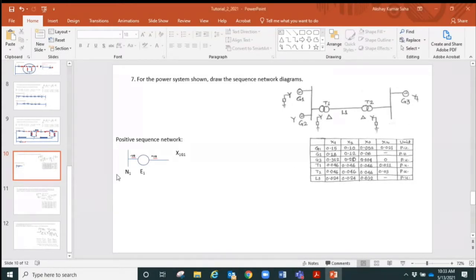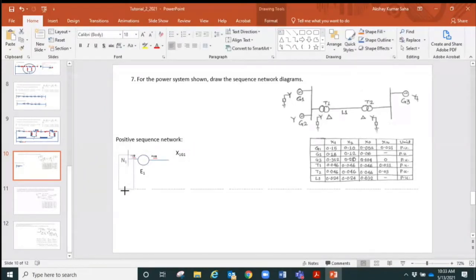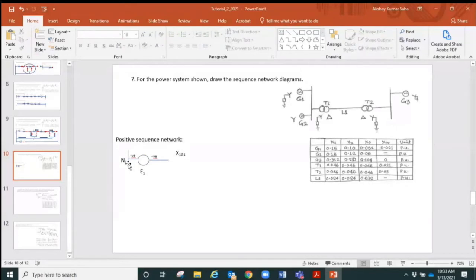So we'll start with the neutral bus. The neutral bus is labeled as N1, as we know. So we need to just extend this line, these drawings in Microsoft PowerPoint.